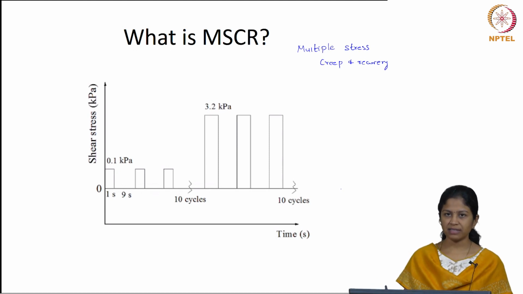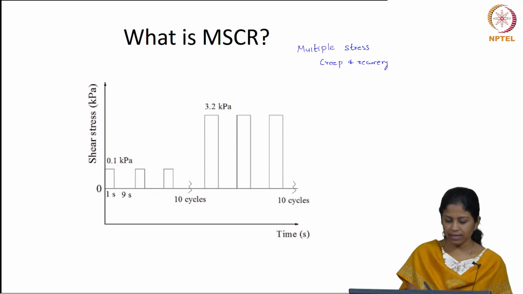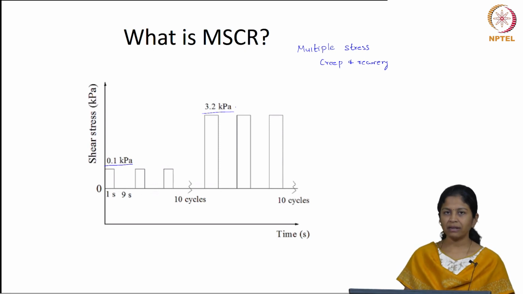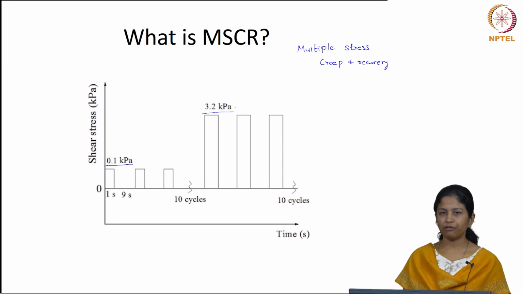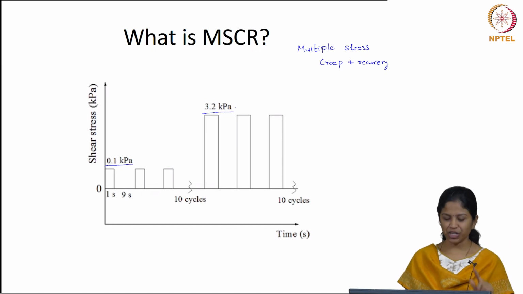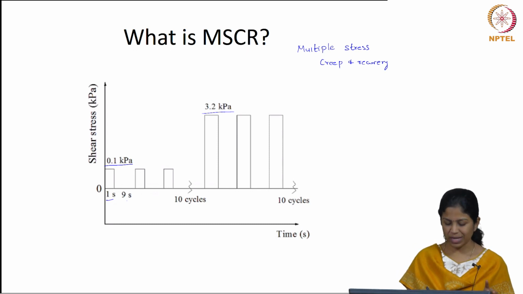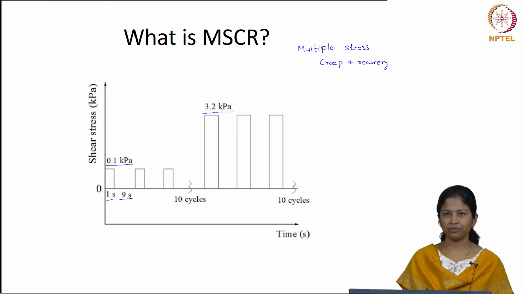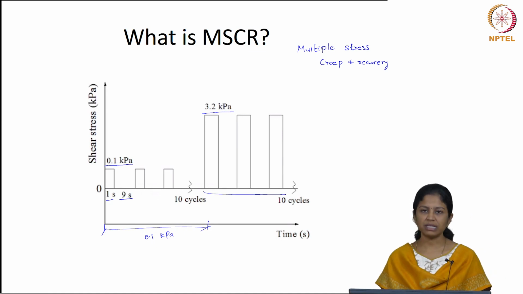We perform the test at two different stress levels, 0.1 kPa and 3.2 kPa, and we apply a loading for 1 second and measure the recovery for 9 seconds. We have 10 cycles at 0.1 kPa and 10 cycles at 3.2 kPa. So, this is a schematic of the MSCR test.